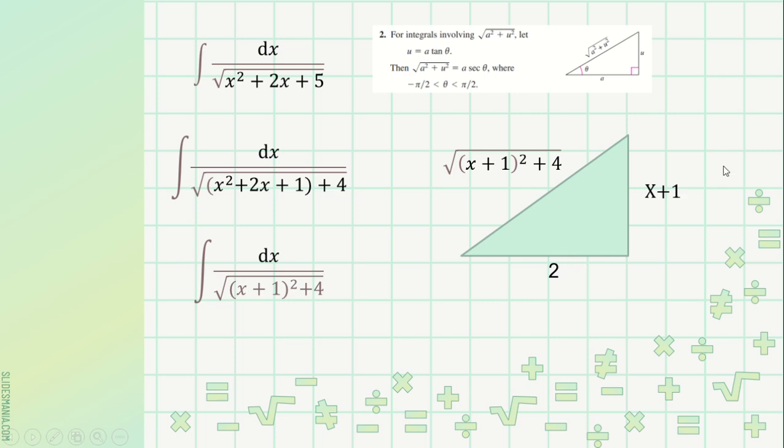For x plus 1, we remove the square because we just need u, not u squared, so it's (x plus 1) squared plus 4. The 4 we get from 2 to the power of 2.